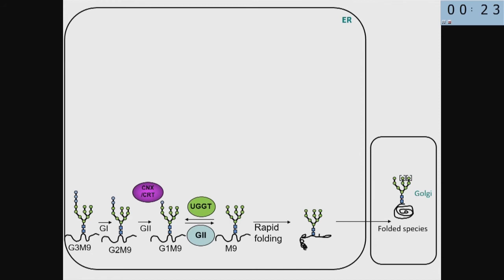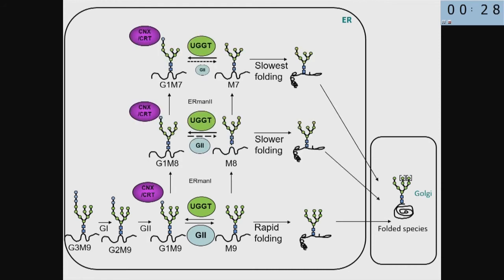However, if it has a difficult folding, then some mannose will be removed. The equilibrium will tilt to the left, and again we have the shuttle between the monoglucosylated and the deglucosylated structures. And if the folding is even more difficult, it will lose the second mannose residue, and we have tilting to the left again.